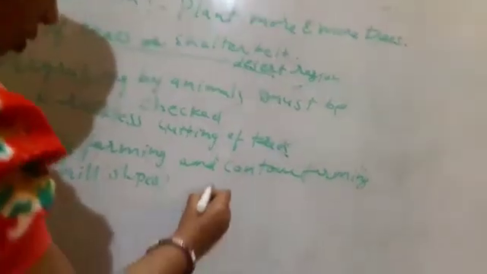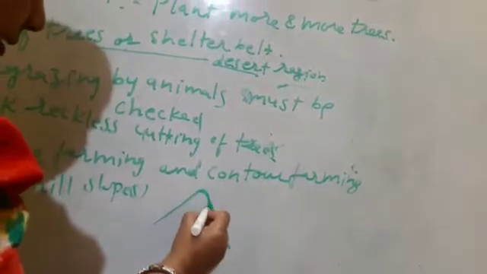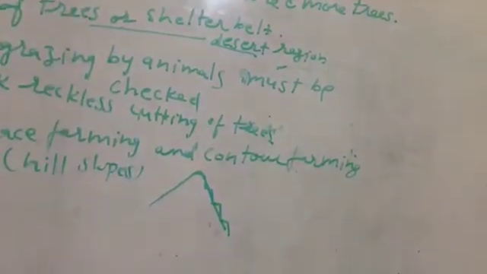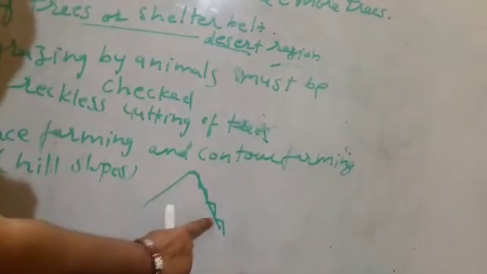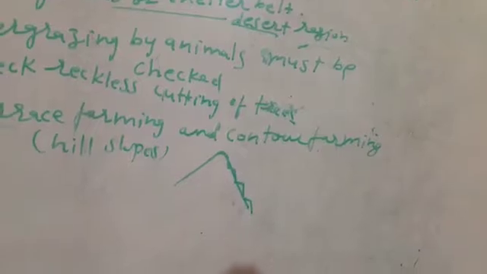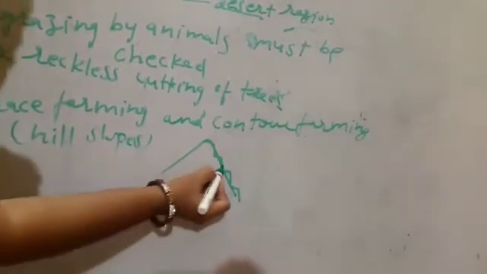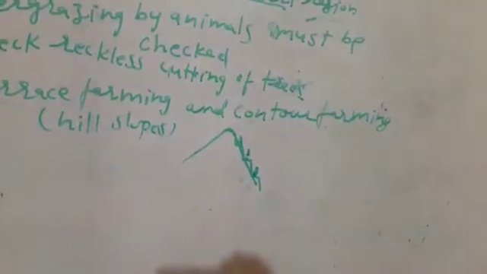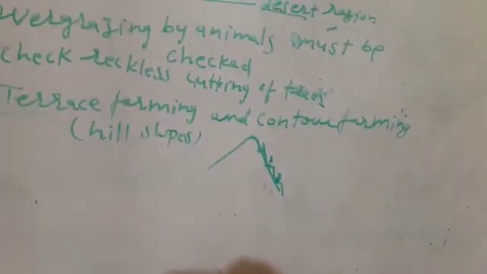It means in the mountainous region we can cut the land in this form. This is known as terrace farming, by which we can grow the plants here to reduce soil erosion.